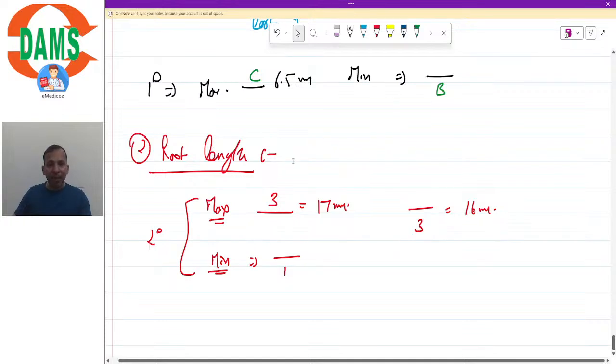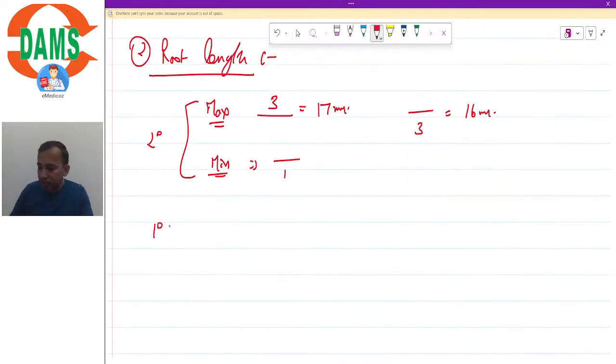If we look at primary, in case of primary maximum is again maxillary canine, and minimum is, sorry, not again, but it is in mandibular central incisor, right.